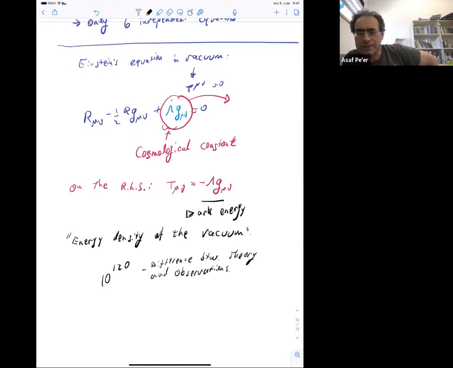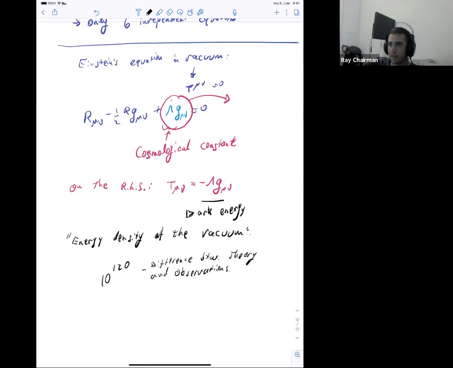We can measure the density of particles in the nearby universe, so we have these measurements from data, and we basically can do these calculations. Again, the difference is what I just said: 120 orders of magnitude. You're not going to get past that. Okay. Yes, thank you.